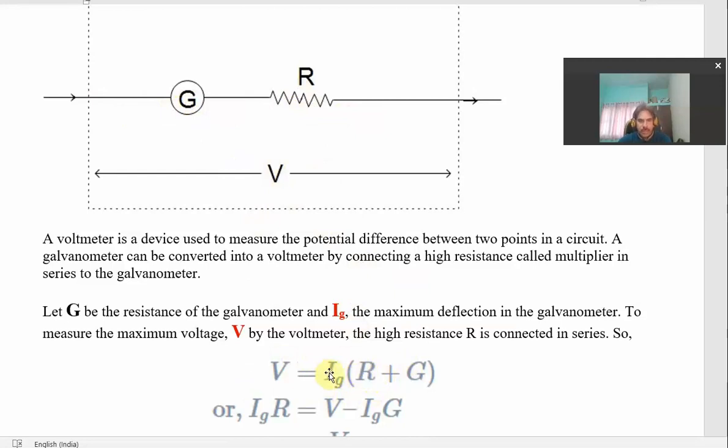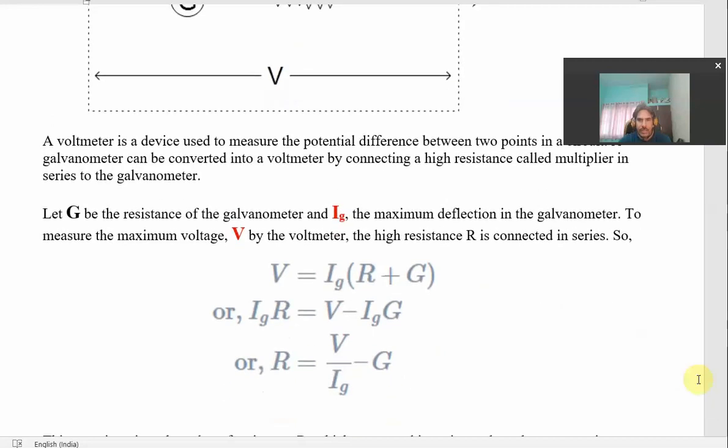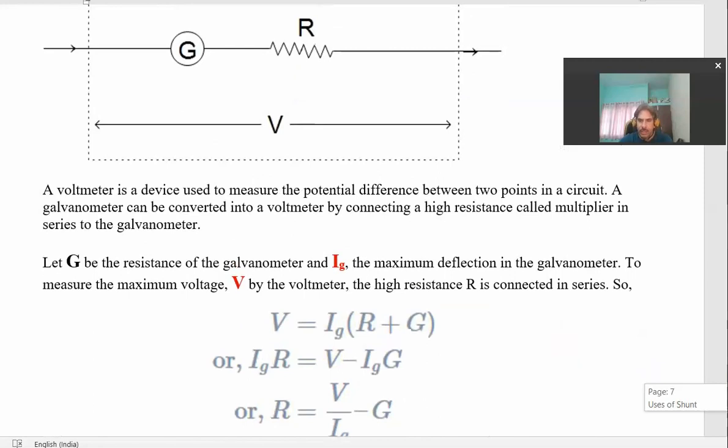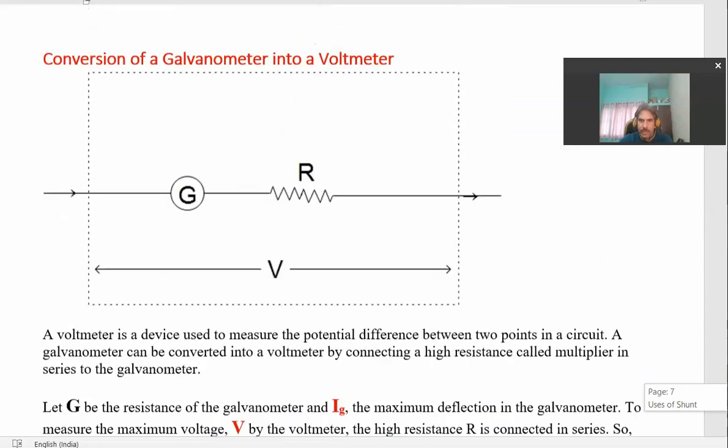This is the very basic expression we already know. From here we can find the value of R. Ig goes to the other side, so it divides V, and further we take G, and we get this expression for the resistance R to be connected in series with the galvanometer if we are willing to convert the galvanometer into a voltmeter.